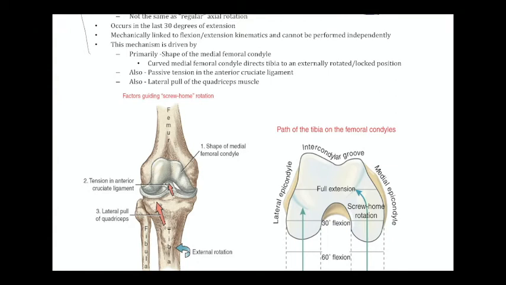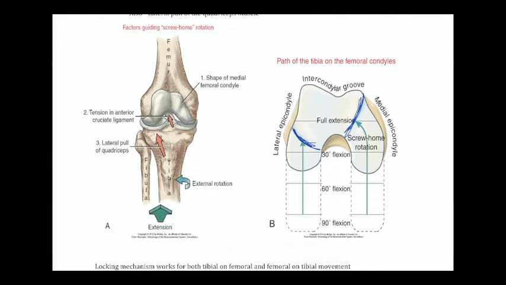And so you can kind of see in these lateral and medial epicondyles, the medial one is more steep, and the lateral one is here. So as the knee comes to full extension, it's pushing forward this way. It's going to hit the lateral epicondyle first, and it's going to stop it from being able to go any further on that lateral epicondyle.